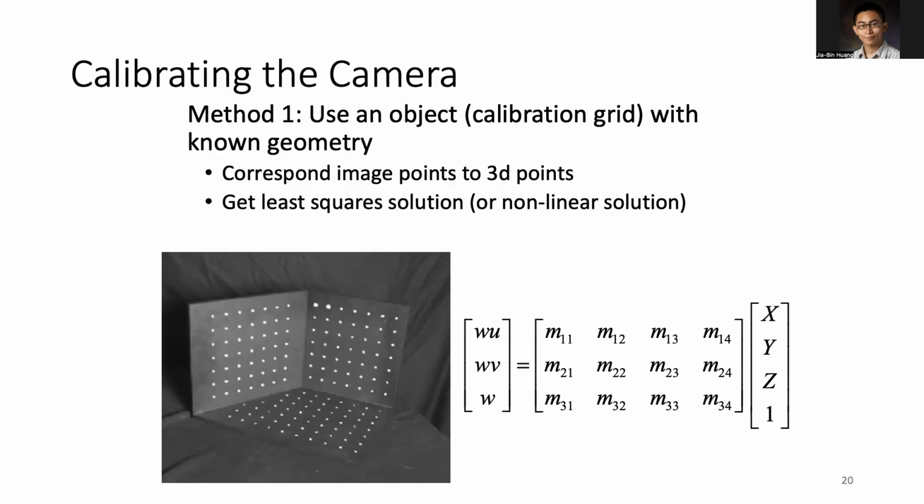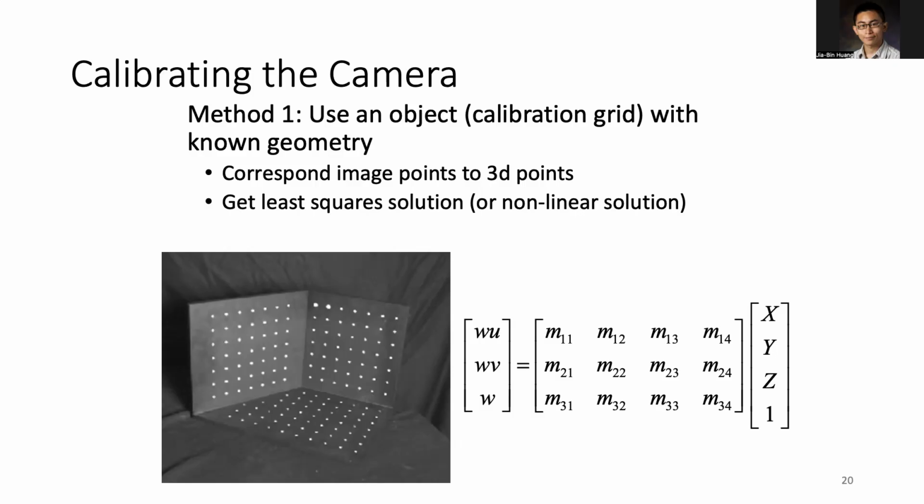For every location on this grid, if you run Harris corner detection, you will be able to detect each point very well because it's very salient. So you can detect all the corners well.